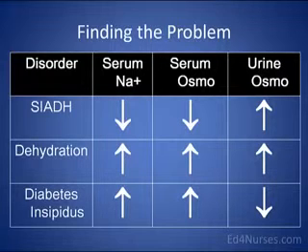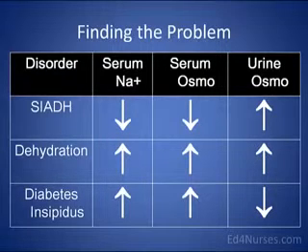The reason for this is because the patient is lacking antidiuretic hormone, which means the patient is inappropriately diuresing and becoming dehydrated. So they have all of this urine that is not very concentrated because they're getting rid of all this water, but at the same time, they're dehydrating the serum. See how the serum sodium is going up, serum concentration is going up? So that's what we see in diabetes insipidus.